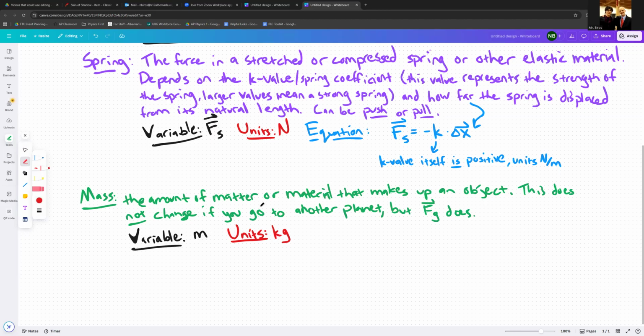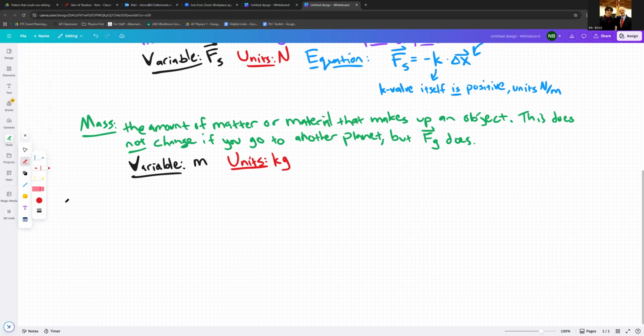One last thing we'll do before we move on to free body diagrams is we can also show, with mass and the force of gravity equation, and what we know about mass now with the units, exactly what a newton is.